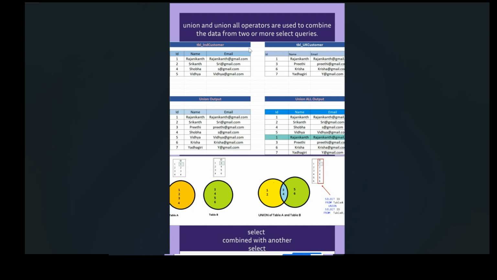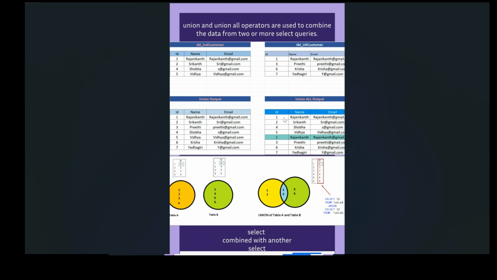So in this screenshot, you will observe here in table 1, I have 4 records. In table 2, you have 2 records. Between table 1 and table 2, the common record is Rajnikanth, which means the duplicate data is Rajnikanth. After triggering the union all, you will see that duplicate record, but in union, you won't see that duplicate record.